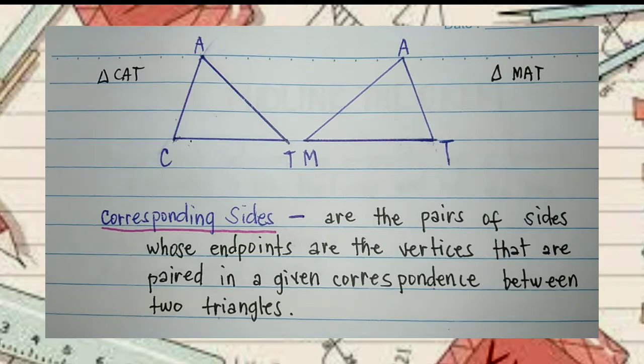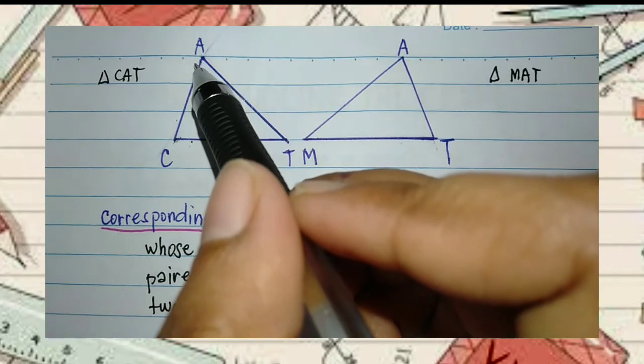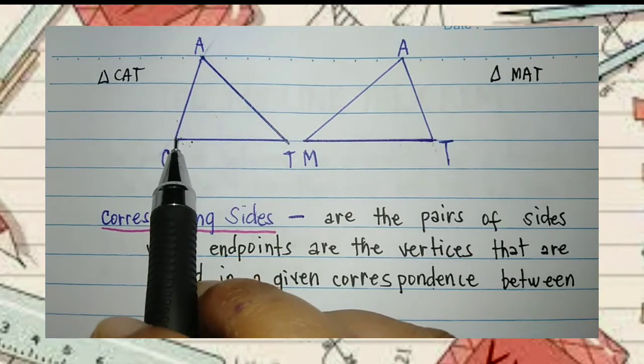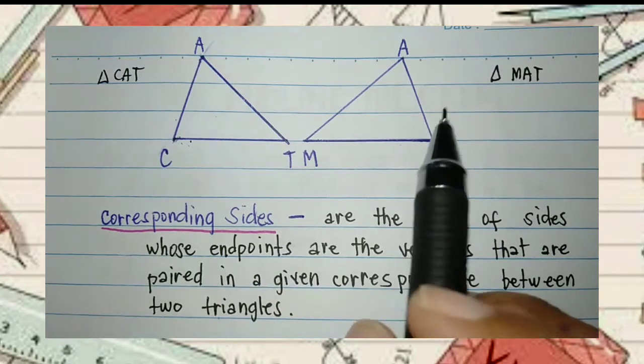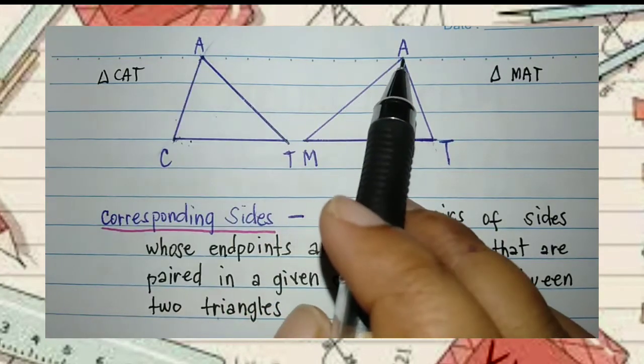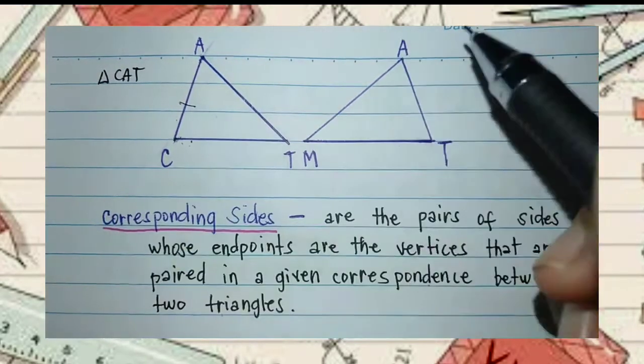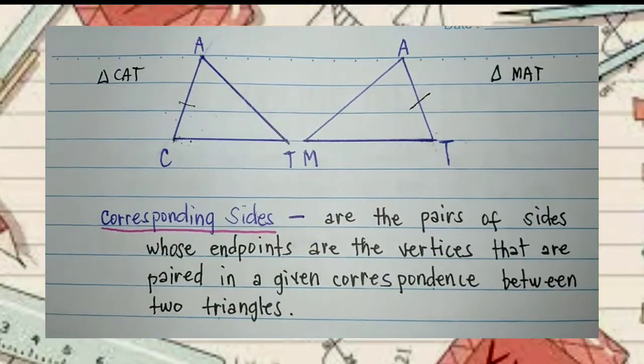For example, we have segment CA. Okay? Itong vertex na to, mai-pair natin dito. Tama? And itong vertex na to ay mai-pair natin dito. Meaning to say, the corresponding sides is this one. Sila yung magko-correspond to each other. And how are we going to write it?